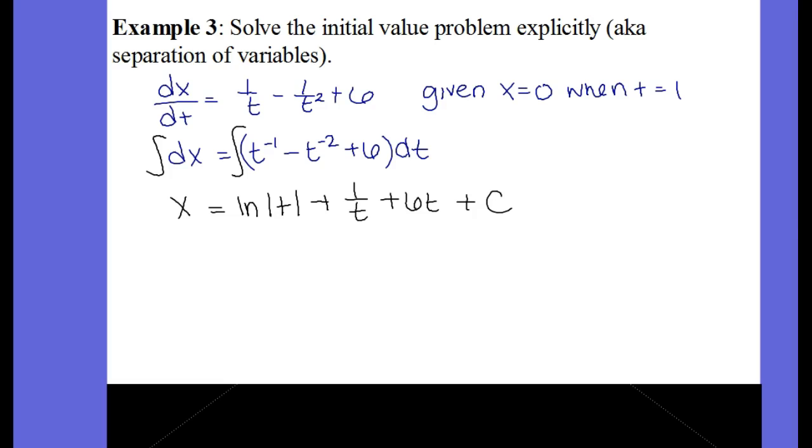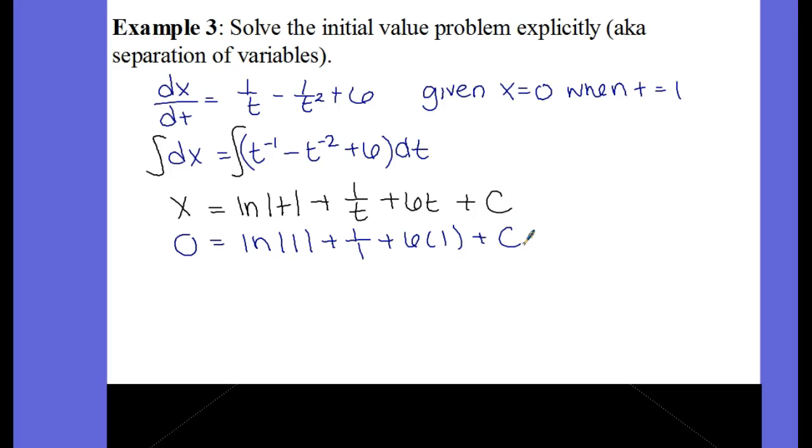Good. Plugging in those initial conditions. X is 0 and t is 1. So natural log of 1 is 0. Okay. So 1 plus 6 is 7.